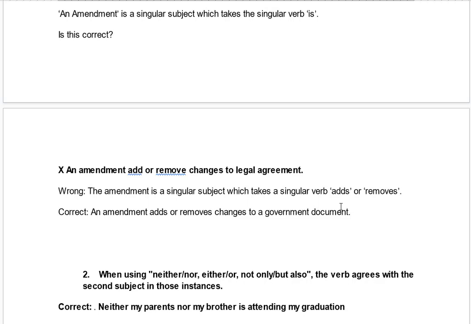So the correct sentence would be: an amendment adds or removes changes to a legal agreement.